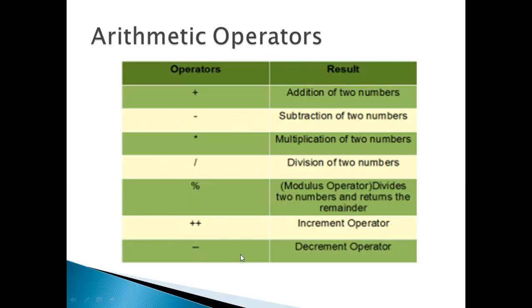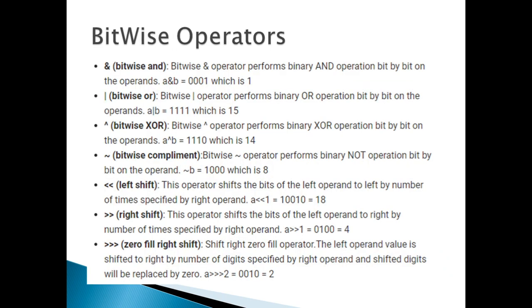Similarly, the decremental operator also will work. Next, see bitwise operation. As I said, it works with bits. So AND operation, OR operation, XOR operation. These are all related to bit level operations. So bitwise complement, left shift, right shift.